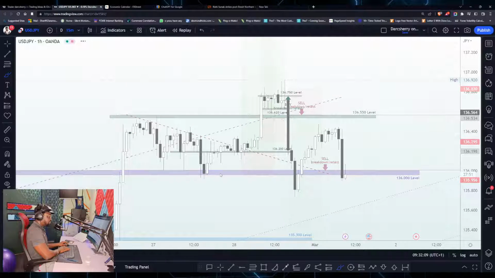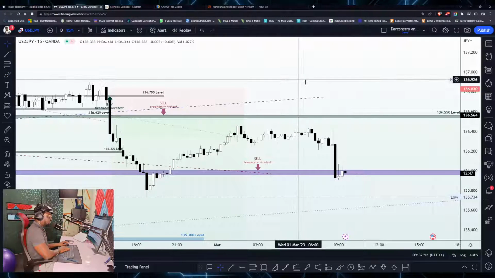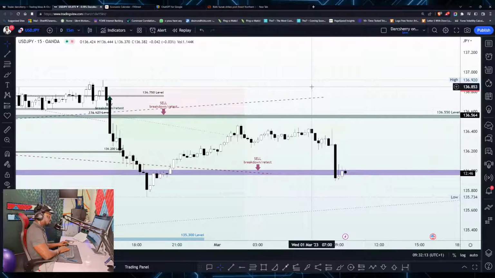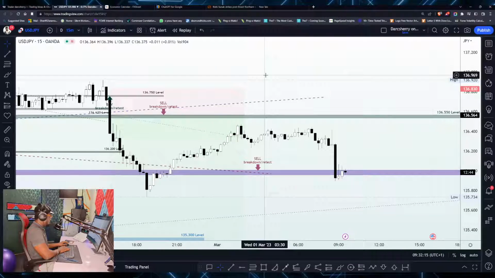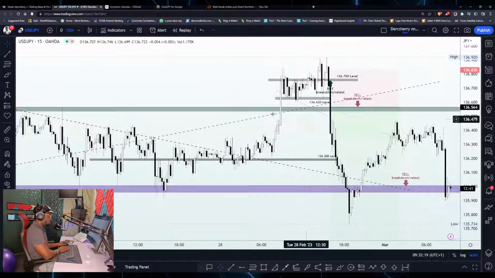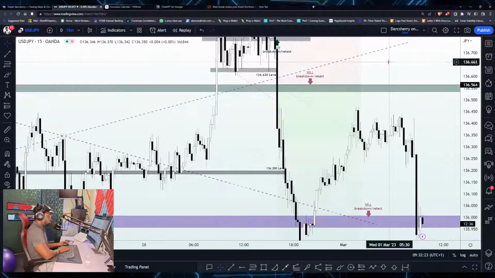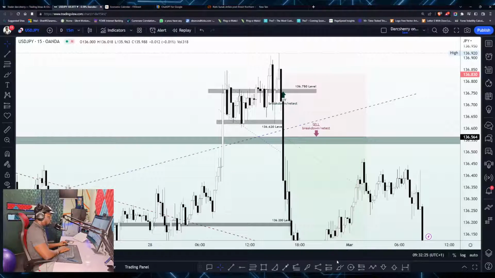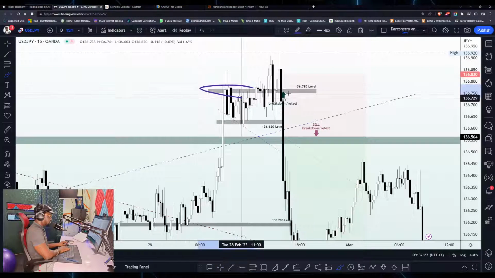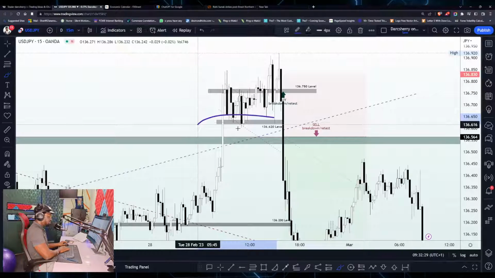So for the sake of clarity, I will just zoom right into that 15 minutes time frame here to let you see what I'm talking about. So on the 15 minutes time frame, we identified a simple channel here which fell within the 136.750 and the 136.620 area.